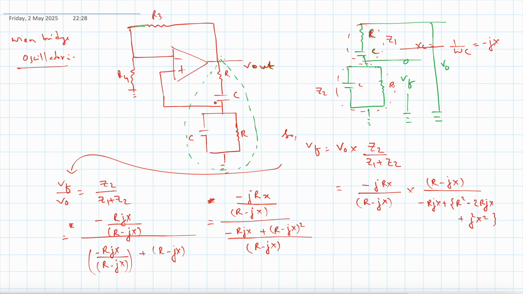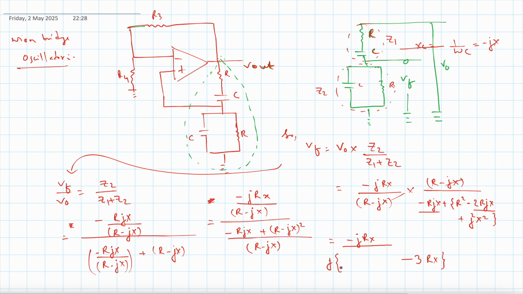Now this will be JRX by this cancels, minus this term and this term, right here JRX. Yes, I am going to take J common.